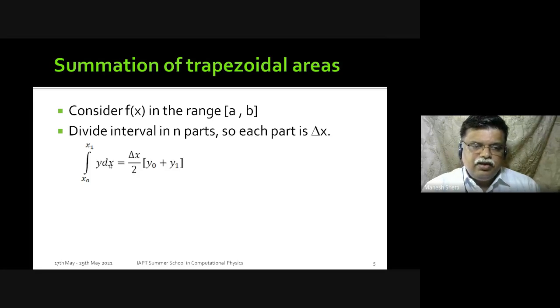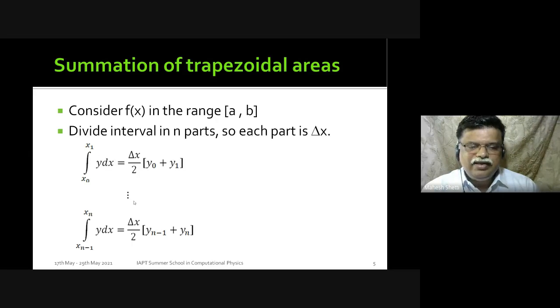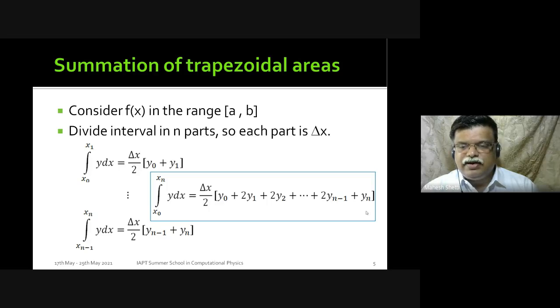Then the area under the first curve, x0 to x1, can be written like this: delta x by 2 times y0 plus y1. This is what we consider the area of a trapezoid. You can go on doing this till the last interval from xn minus 1 to xn. When you add all these, you will get this particular formula. The complete integral is going to be delta x by 2 times the following.